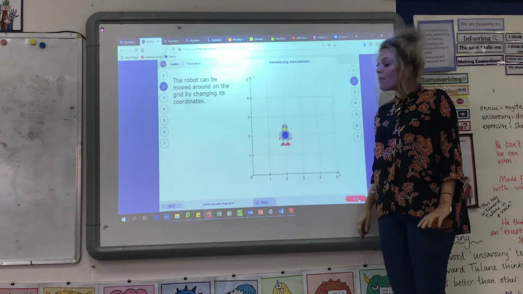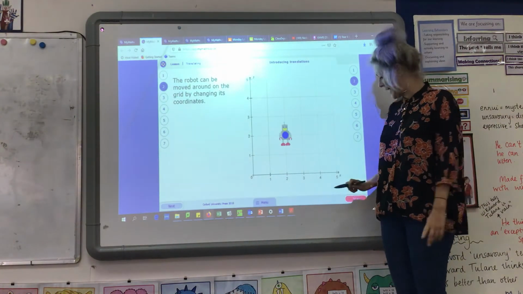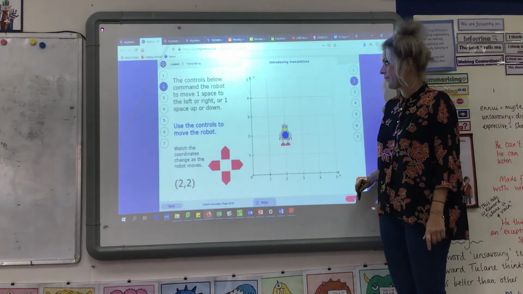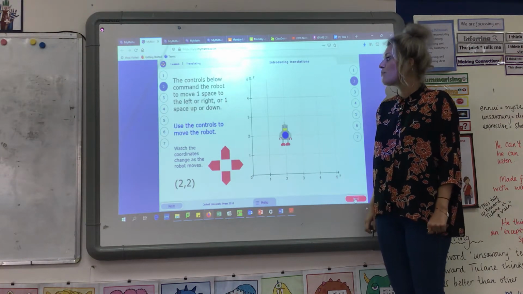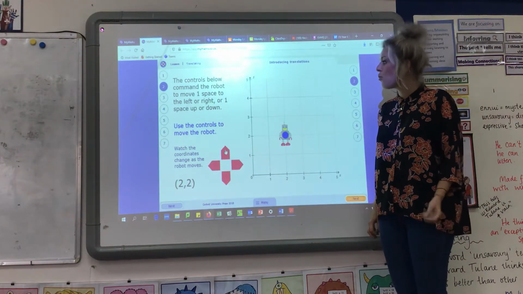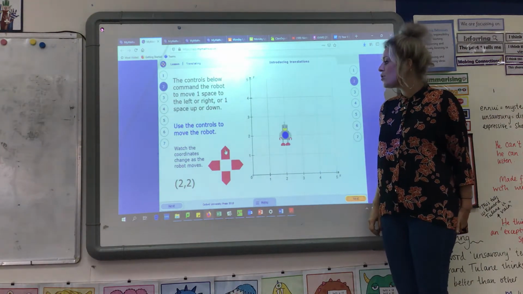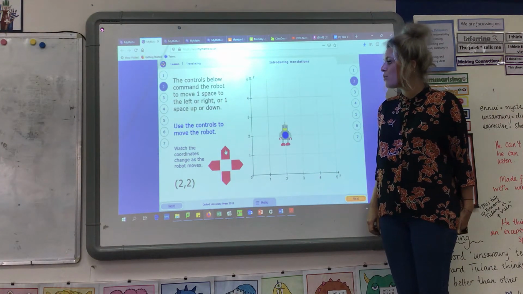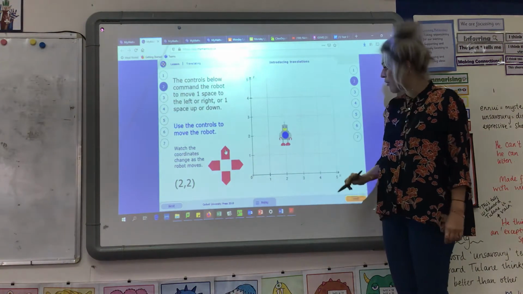The robot can be moved around the grid by changing its coordinates. The controls below command the robot to move 1 space to the left or to the right, or 1 space up or 1 space down. It says use the controls to move the robot and watch the coordinates change as the robot moves.